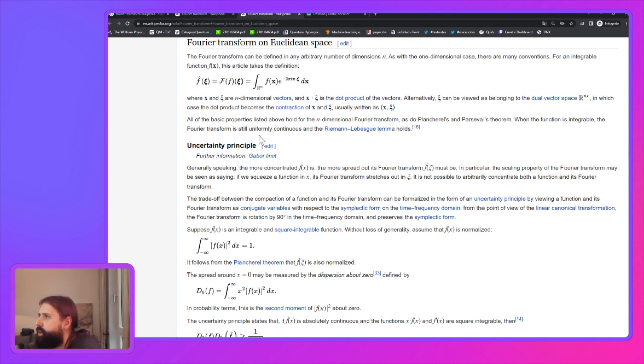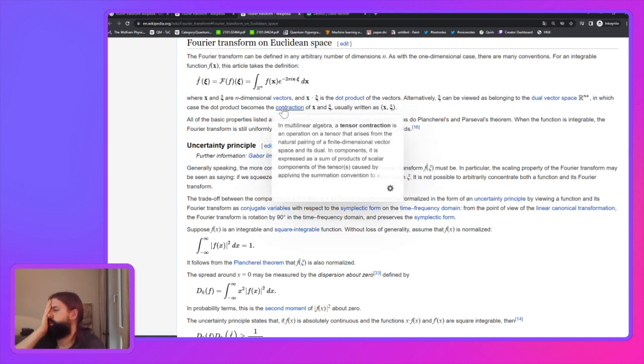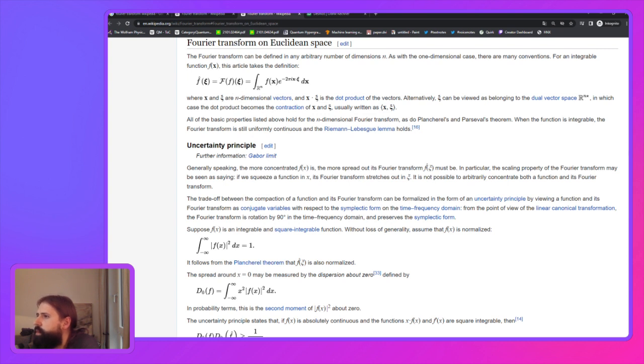Okay, so let's look at these. This is what we're interested in, probably. The Fourier transform can be defined in any arbitrary number of dimensions. As with the one-dimensional case, there are many conventions. For an integrable function f(x), this article takes the definition where x and this thing here are n-dimensional vectors, and this is the dot product of the vectors.